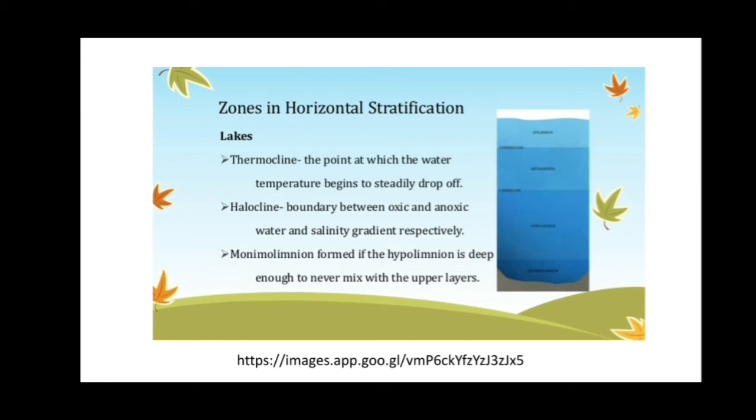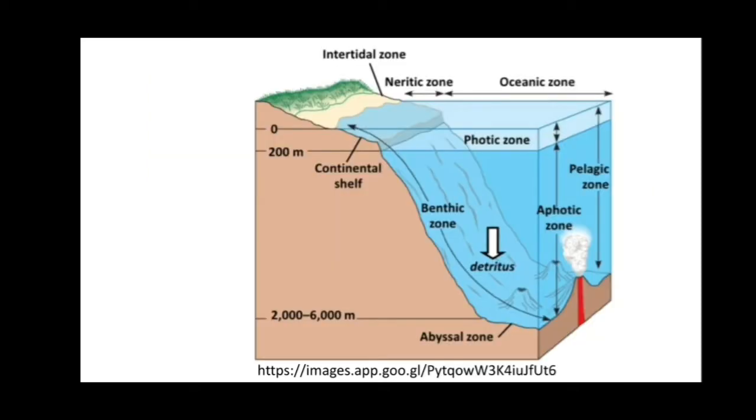So the oxic and anoxic water, and the salinity gradient respectively. Monimolimnion formed in a hypolimnion is deep enough to never mix with the upper layer. Now you can see here the different types of zones.